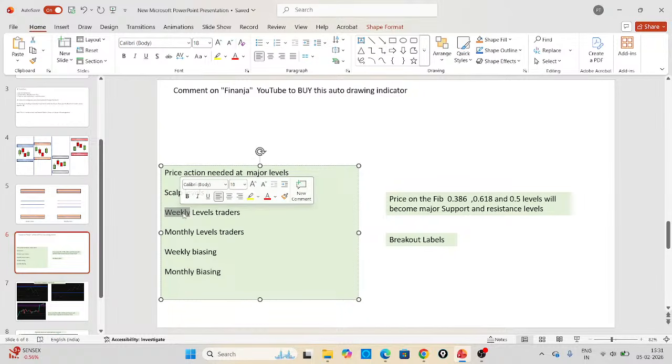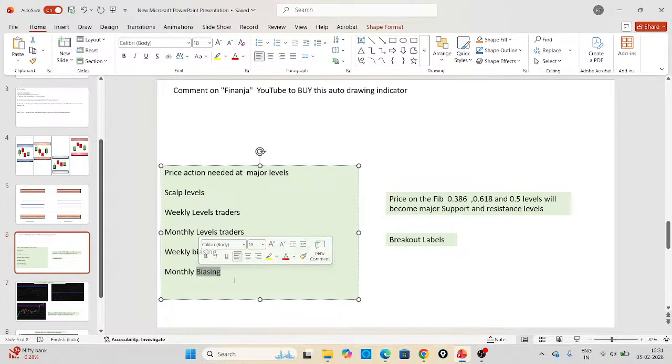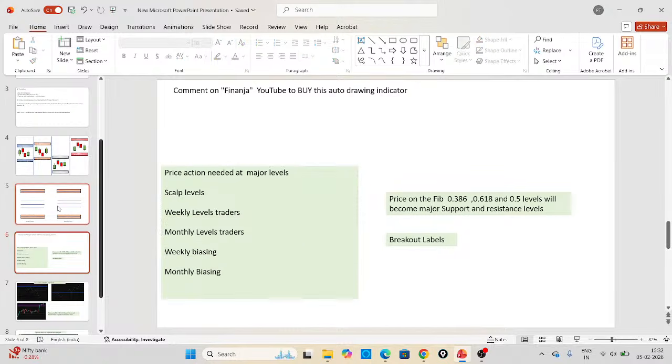If someone wants to trade weekly levels, a swing or positional trader on a weekly basis, they can get these levels and trade them. Similarly it applies to monthly levels also. So weekly biasing and monthly biasing, we can get this analysis from this multi time frame indicator.